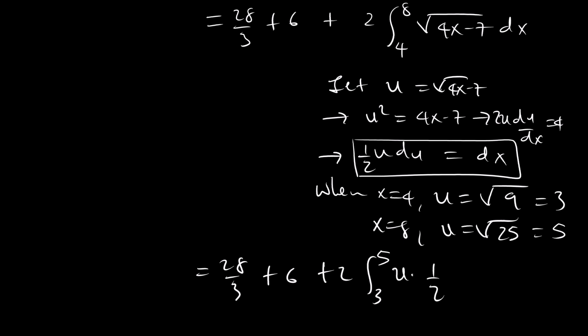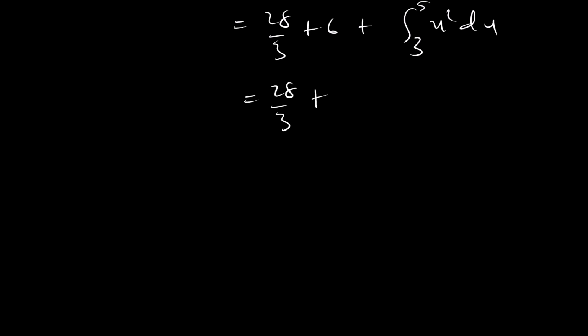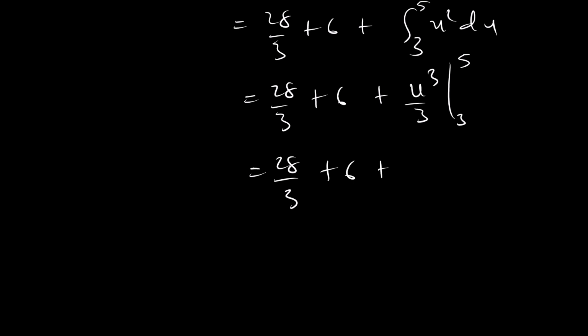u times a half u, which is equal to 28 over 3 plus 6 plus the integral from 3 to 5 of u squared, which is 28 over 3 plus 6 plus u cubed over 3 from 3 to 5, which is 5 cubed, which is 125 over 3 minus 3 cubed, 27 over 3.